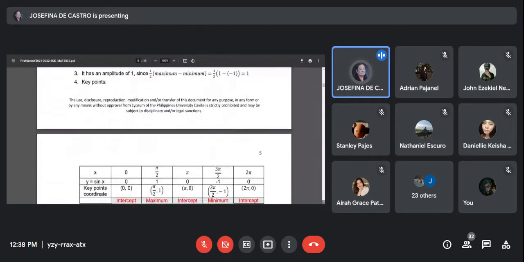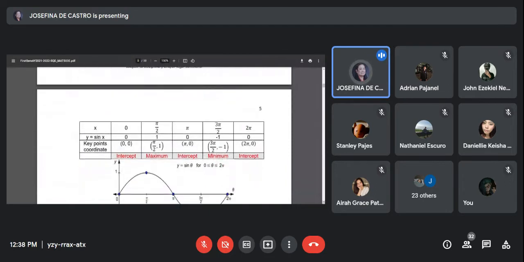Okay, now the key points. So this is the table of values that you're going to do to graph. You need only 5 x coordinates from a given interval. So for the y is equal to sine x, ang period niya is 2 pi. Ibig sabihin, 1 cycle from 0 to 2 pi, 360 degrees.